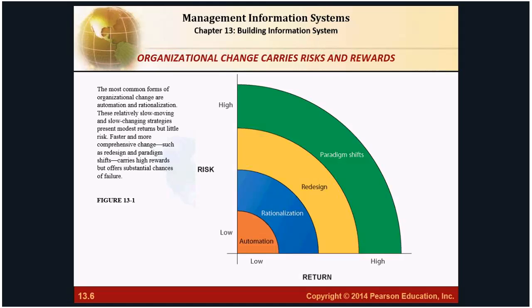So the rationalization is a little bit far ahead. So your risk is high as well as your return is comparatively high. So what is rationalization? So you take that automation and we come to rationalization.